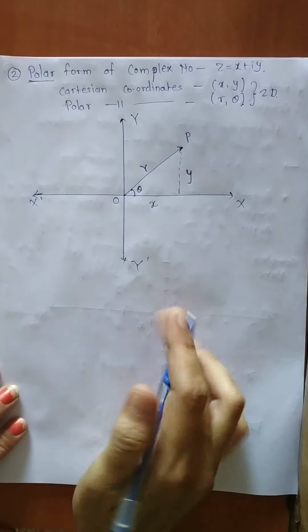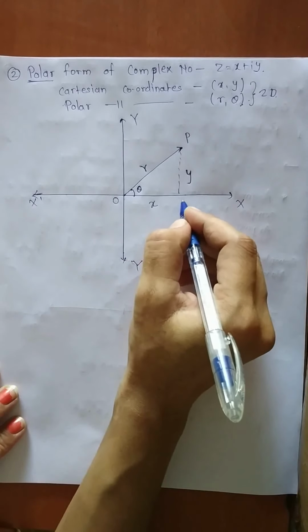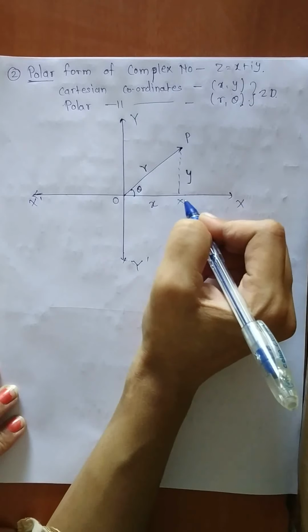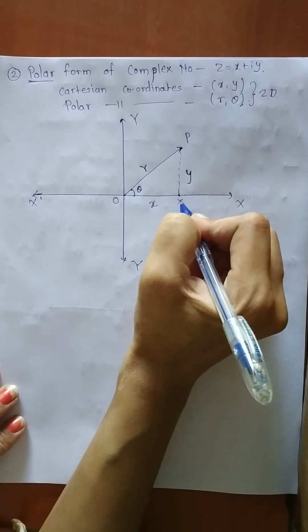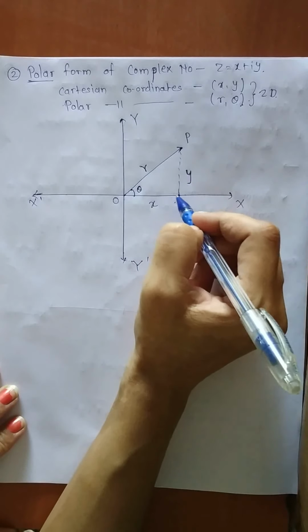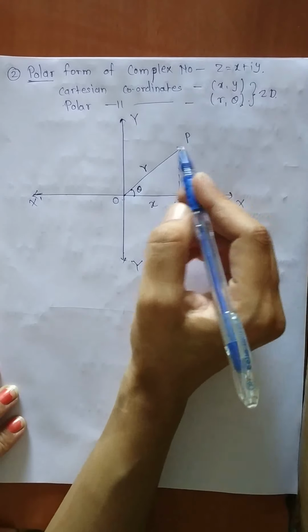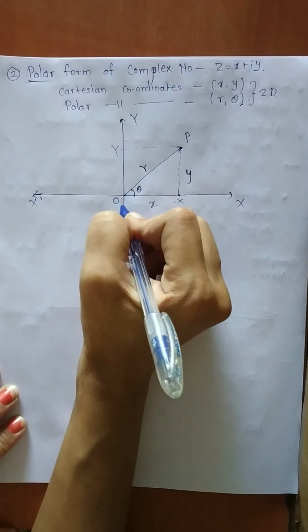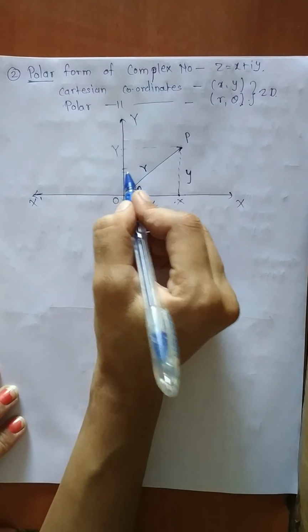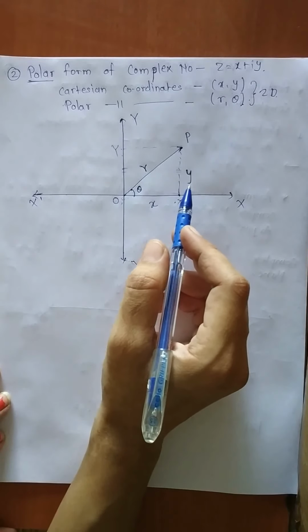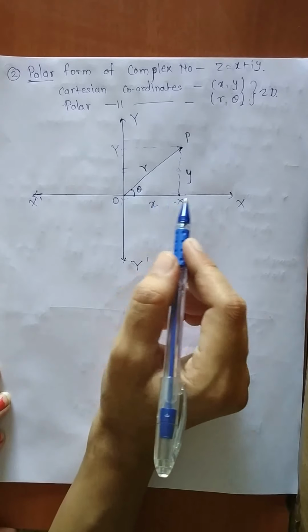OX and OY are rectangular coordinate axes with O as the origin.